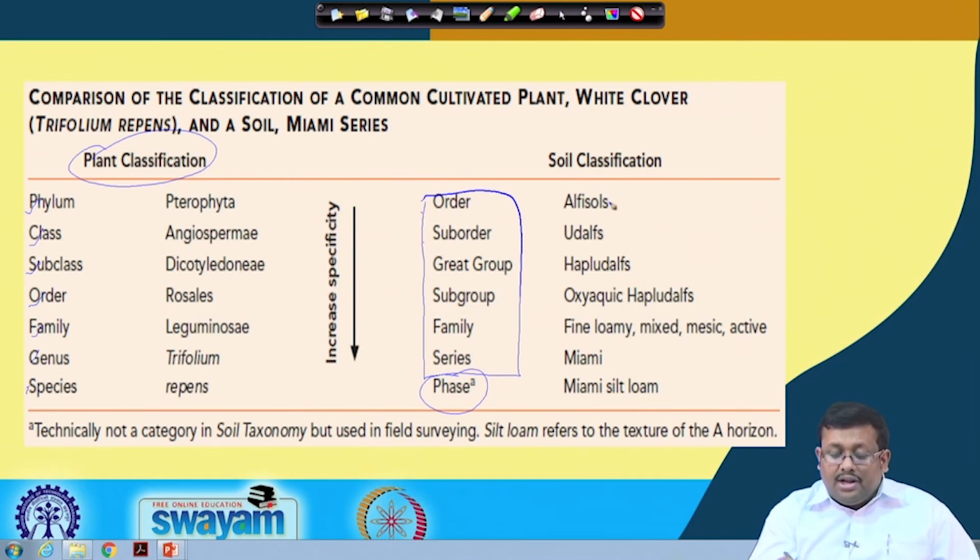You can see order, which is Alfisols, then suborder Udalfs, great group Hapludalfs, subgroup Oxyaquic Hapludalfs, then family fine loamy, mixed, mesic, active, and finally the series name. Each soil can be described on the basis of this nomenclature in the soil taxonomy, and that is why soil taxonomy is always better than earlier morphogenetic systems of soil classification.